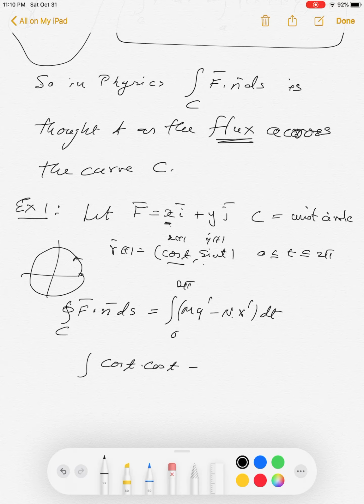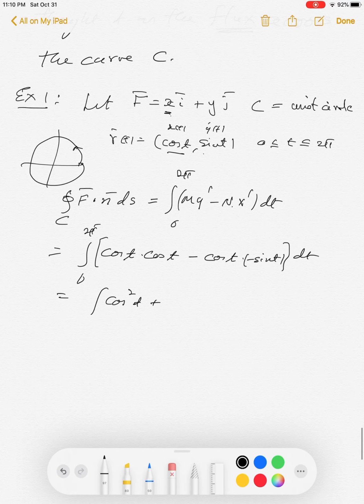This is your x(t), y(t), y prime is the derivative of sin t, which is cos t, minus n, which is x, which is cos t, times x prime, which is minus sin t dt. And this is going between 0 to 2 pi.